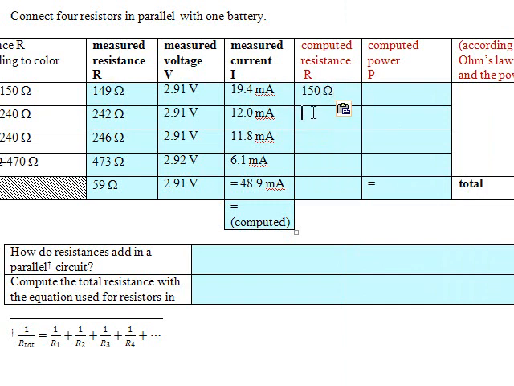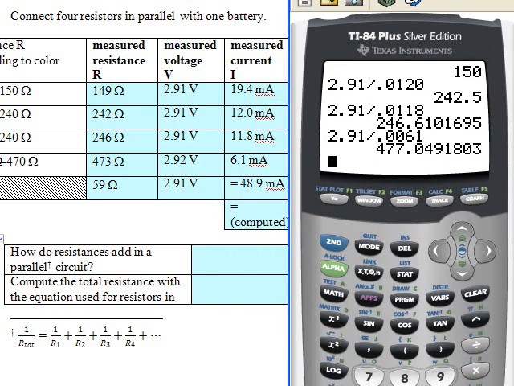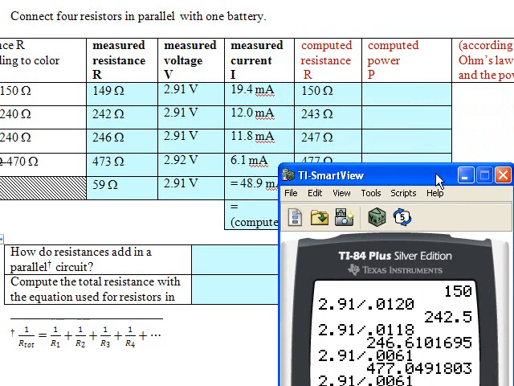150 ohms, really close. 243, round it, really close. 247, really close. 477, pretty close. I mean, even that is within 1%. And then the final one, let's see, oops, okay, I guess I'll start over.